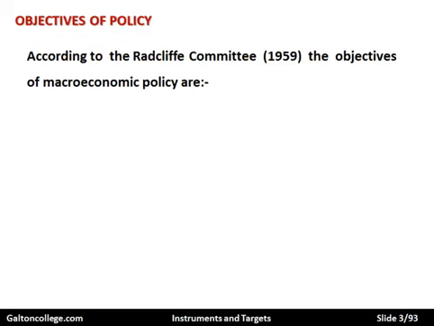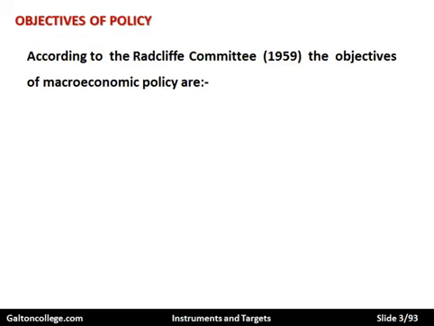Now, a famous government committee in the UK called the Radcliffe Committee reported in 1959 on the objectives of macroeconomic policy. Now, bear in mind that in 1959, Keynesianism, the work of John Maynard Keynes, ruled the roost.